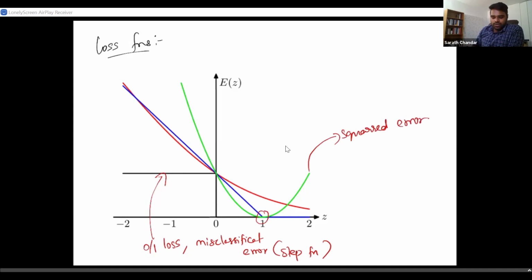Okay. Now, which one of the two, blue or red, is the hinge loss? Now don't type in chat. I'm going to do a poll. I want you to recognize which one of the blue and red is the hinge loss. So we are going to do a template poll.